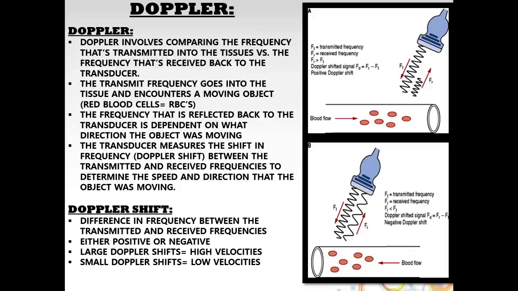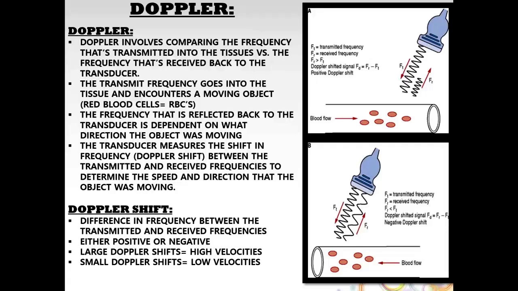We call the transmit frequency the frequency that goes into the tissue and encounters a moving object such as red blood cells. The frequency that is reflected back to the transducer, we call the received frequency. So the machine is measuring the difference between the transmitted frequency and the received frequency.